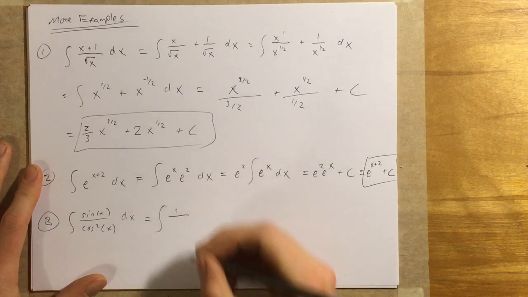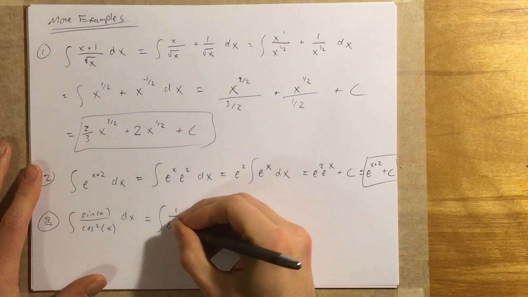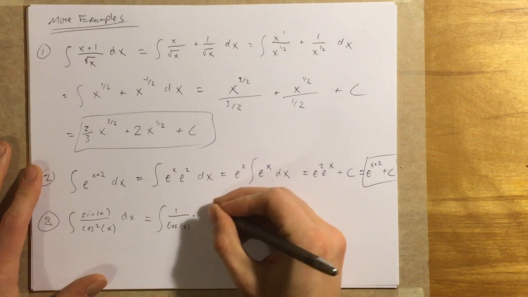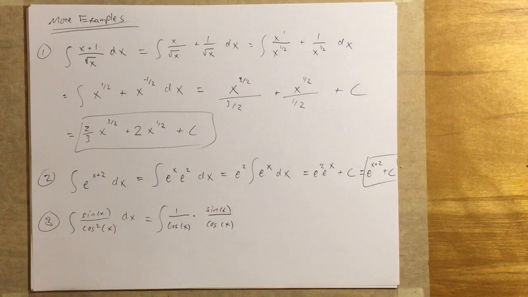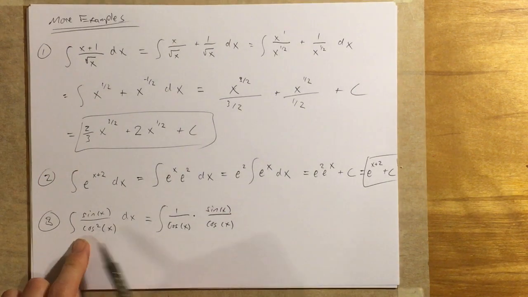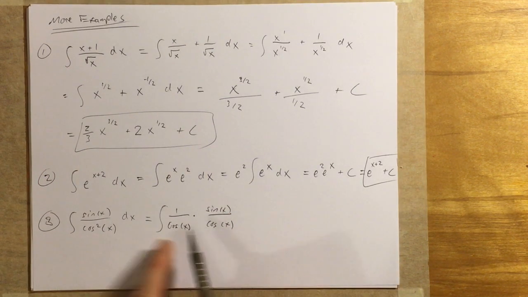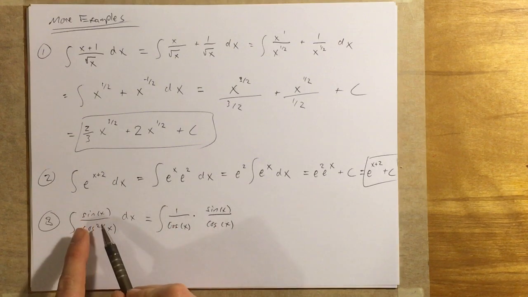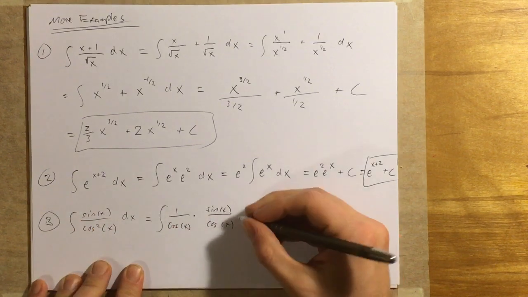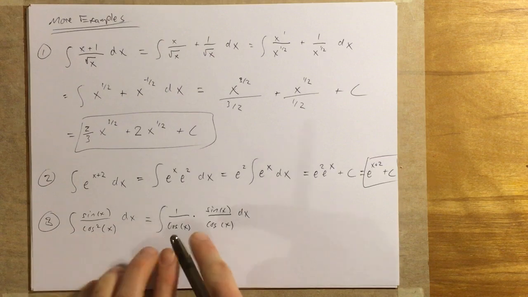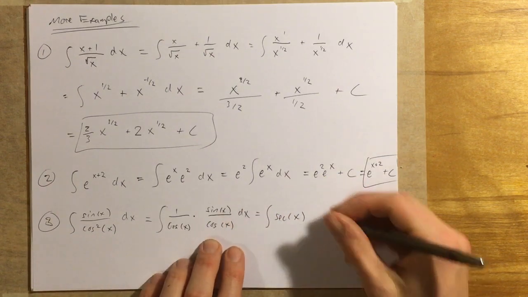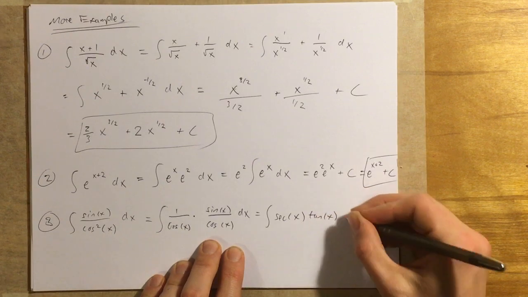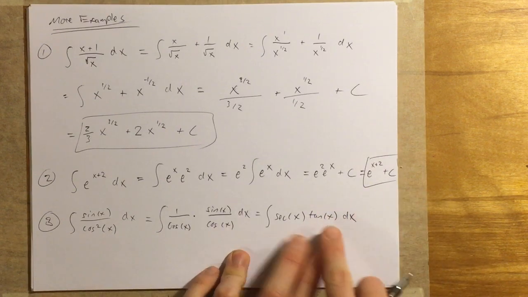So let's see. I'm going to split this out into 1 over cosine of x times sine of x over cosine x. That's the same, right? Because cosine squared comes from cosine times cosine, and then the numerator would be 1 times sine, which is just sine. So all agreed that's the same thing. But then 1 over cosine is secant, and sine over cosine is tangent. Secant x times tangent x.